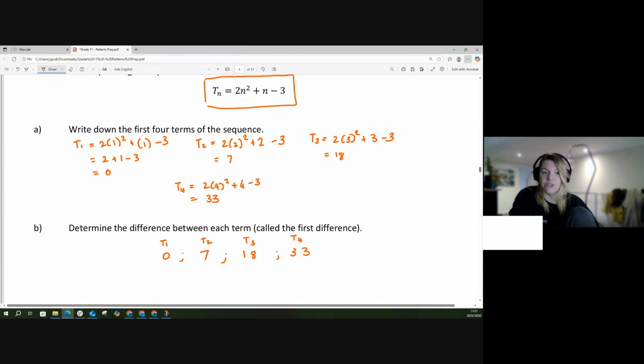And you are going to work out what the first differences are between those terms. Good.